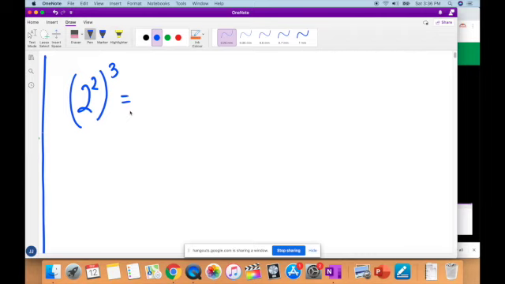I do it 3 times? 2 times 2 and do that 3 times? Alright, so we have 2 squared and that is being multiplied 3 times. Yes. So that is 2 squared times 2 squared times 2 squared.